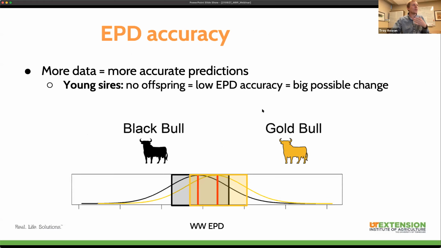When we're looking at an individual's accuracy, the actual distribution of those calf phenotypes is not going to change as we add more information. The EPD's accuracy is only going to tell us about this mean and how confident we are that that mean is the animal's actual genetic merit.